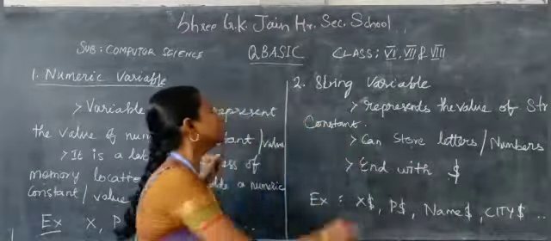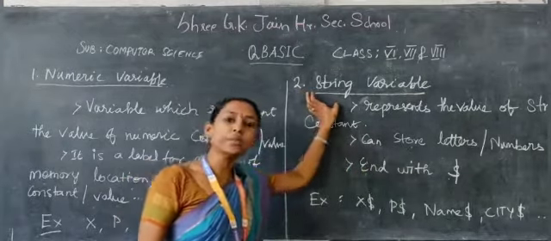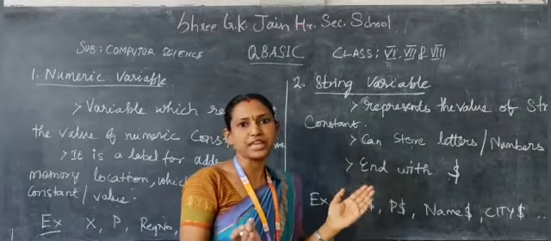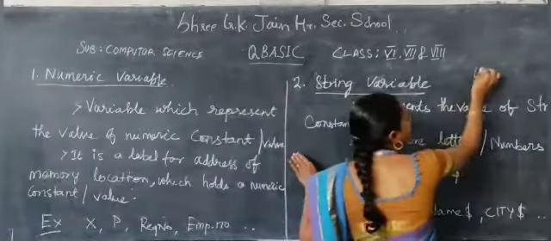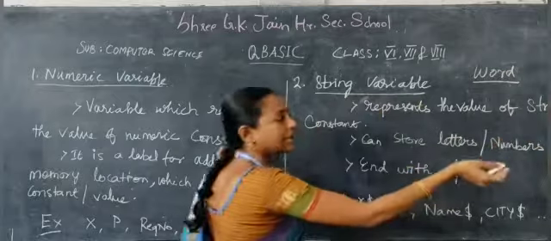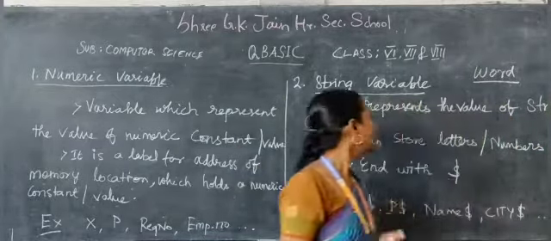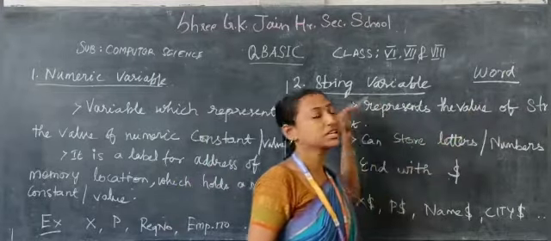And string variable. What is a string? A string is known as a combination of characters. If you are taking a word, W-O-R-D, this is known as a string. And a combination of words is also known as a string. Okay? It represents the value of a string constant.